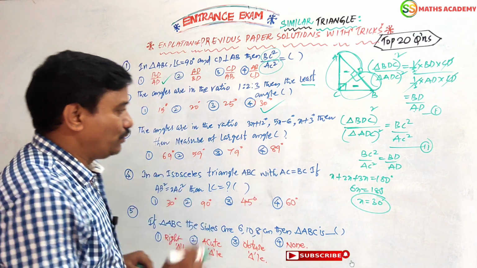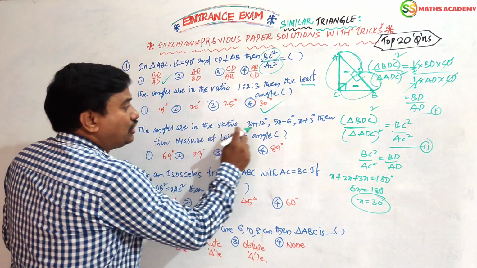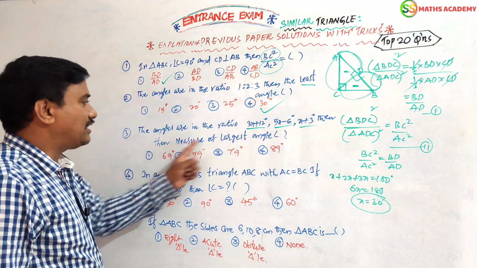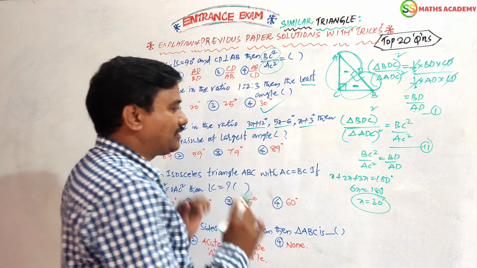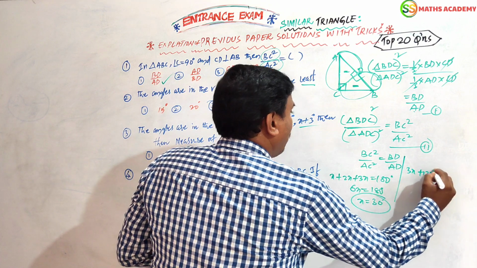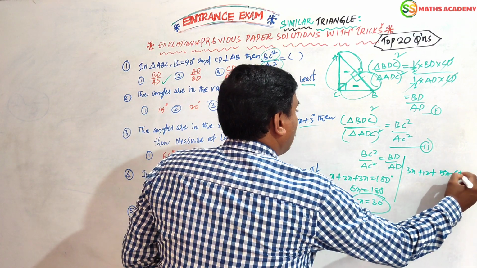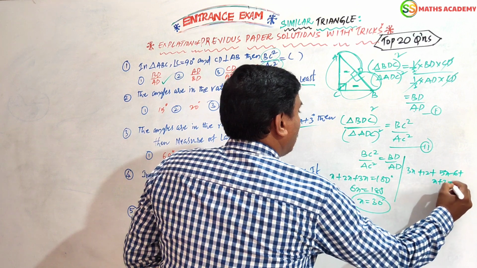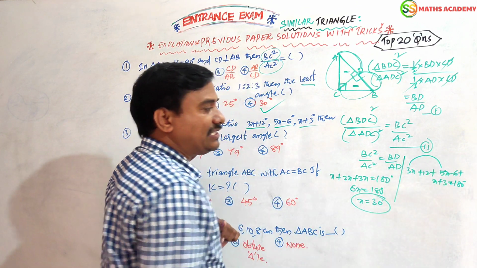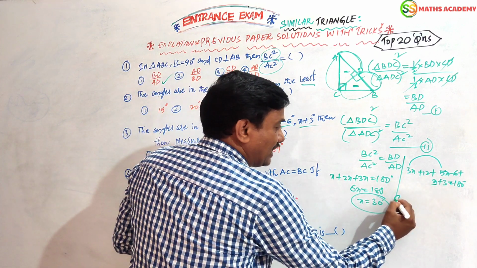Are you understanding? Now, the angles are in the ratio of 3x plus 12, 5x minus 6, x plus 3. Then measure the largest angle. Simple, same concept. The sum of three angles in a triangle is 180 degrees. Remember, here 3x plus 5x is 8x, plus x is 9x.